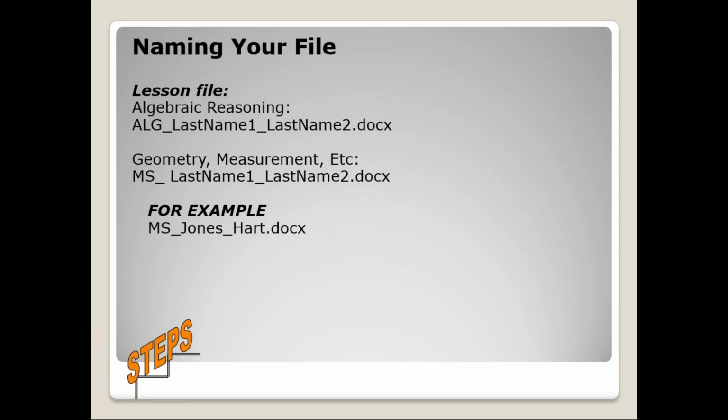If you are doing geometry, measurement, etc., we're just going to call it middle school, MS, and then put your two last names. If you forget what letters she wanted at the beginning, just put your two last names and I will rename the file. That helps us keep track of who submitted and who we need to email back. Like I said, it's not a hard and fast rule, but it does help us out a little bit.